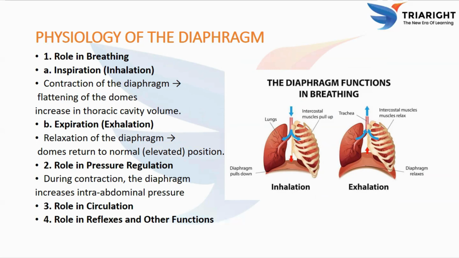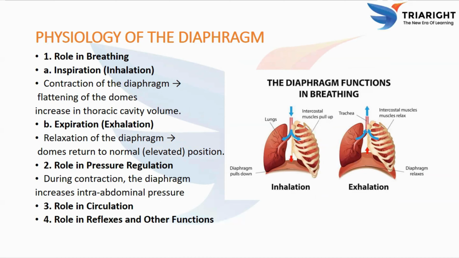So during inhalation, what happens? As you can see in the picture over here, during inhalation, the diaphragm contracts. When it contracts, it flattens downward from its dome shape. After contracting downwards, this increases the space in the thoracic cavity.